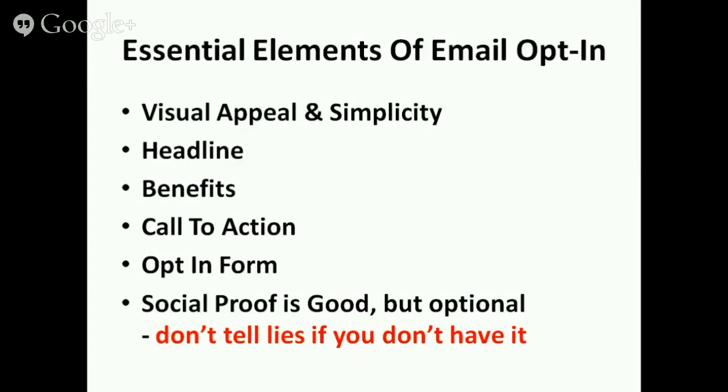Don't start shading things or lying or exaggerating it. You do not want to do that. Transparency and honesty are far more important in this social media age, because your fans, your prospects, your clients, they can talk to each other now in ways they never could before.